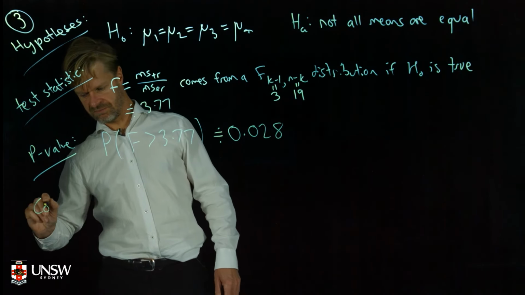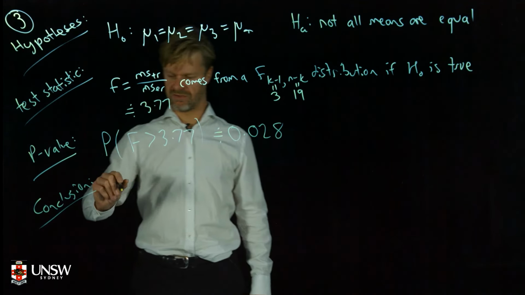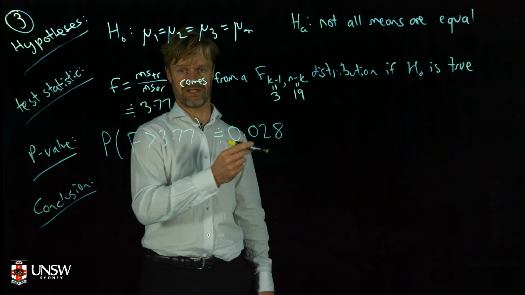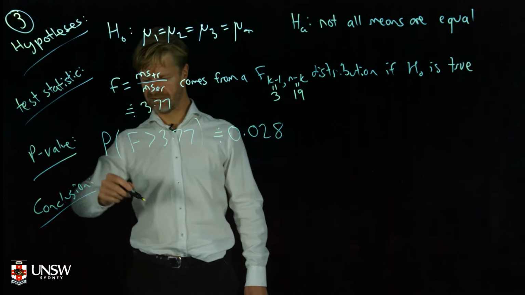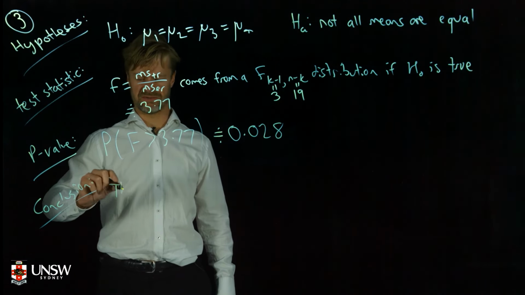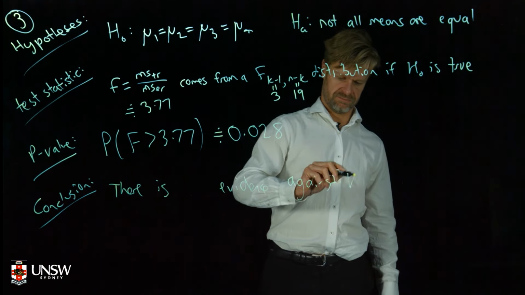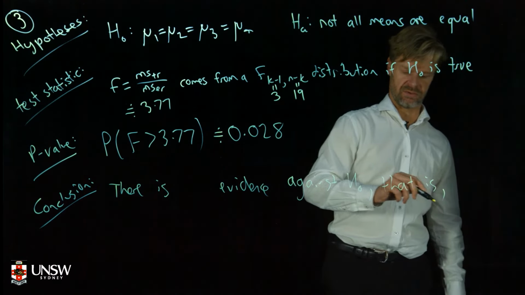What's our conclusion? We can always phrase a conclusion in terms of how much evidence there is against the null. If you're testing at the 0.05 level, you could just say yes or no. Yes, there is evidence. No, there's not at the 0.05 level. I prefer to talk about how much evidence there is anyway. And it's always worth thinking about what it means in terms of the original question.